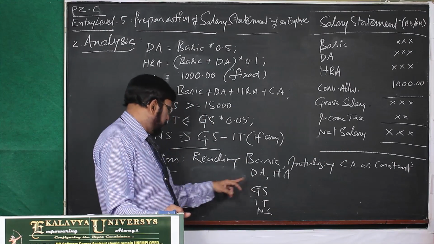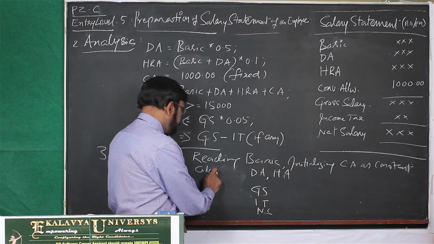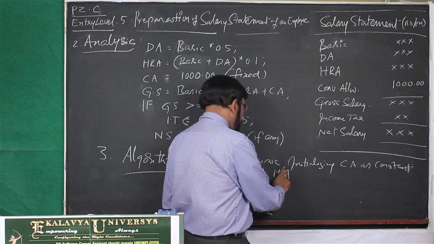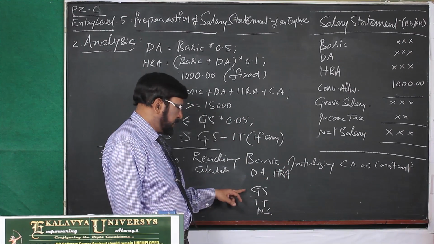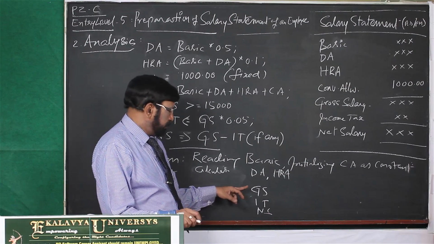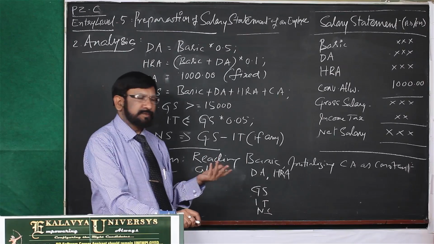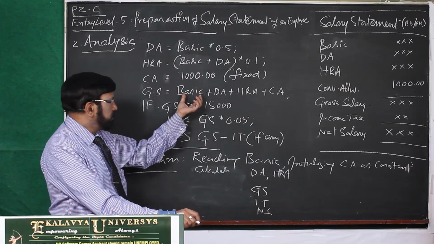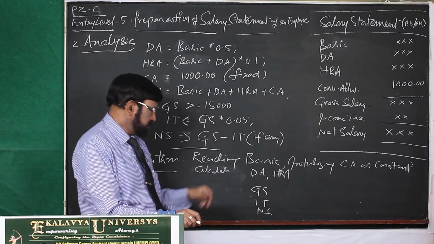Thereafter, we have to calculate DA and HRA according to the formula, and thereafter, using a formula, we have to calculate gross salary. Gross salary is the sum of basic plus DA plus HRA plus conveyance allowance.